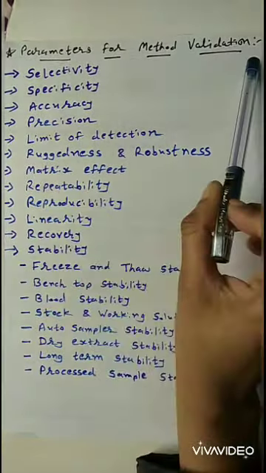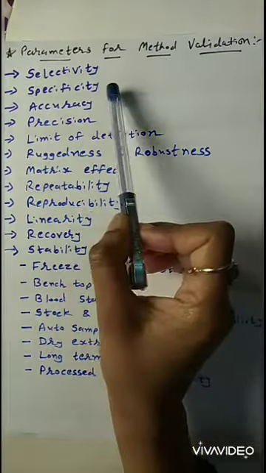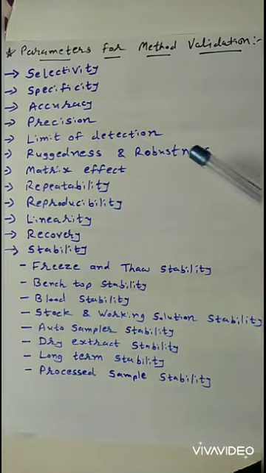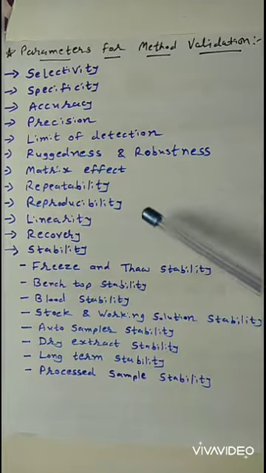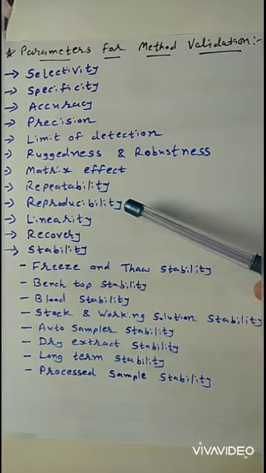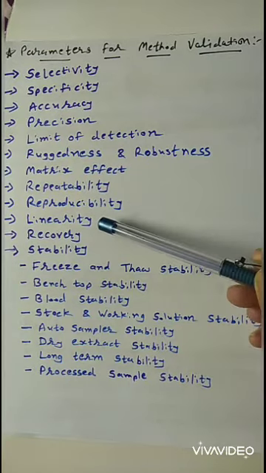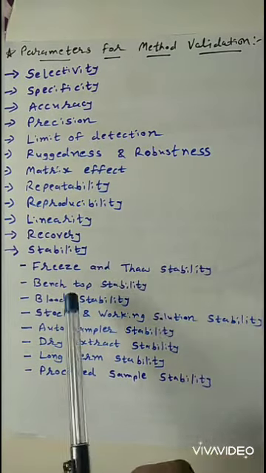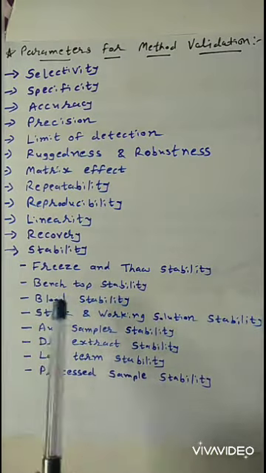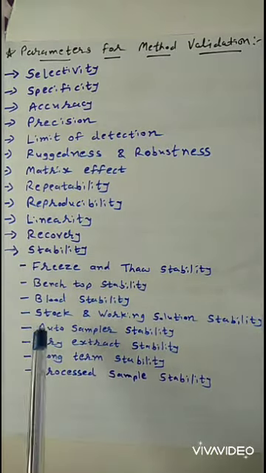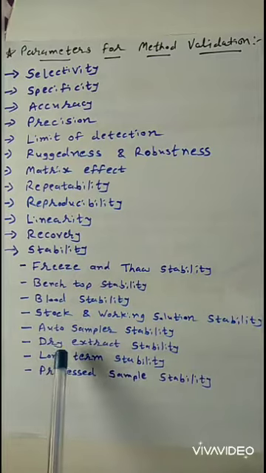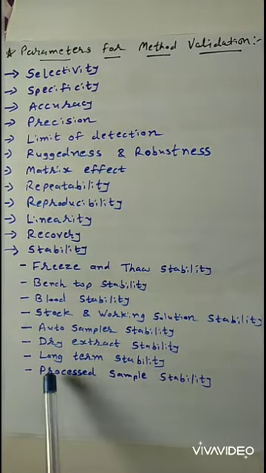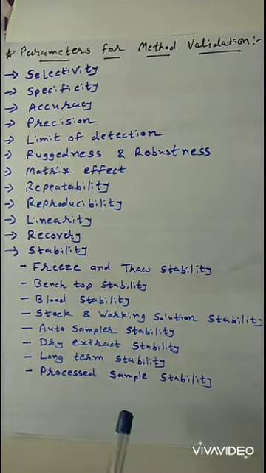Parameters for method validation are selectivity, specificity, accuracy, precision, limit of detection, ruggedness and robustness, matrix effect, repeatability, reproducibility, linearity, recovery, and stability, like freeze and thaw stability, benchtop stability, bulk stability, stock and working solution stability, autosampler stability, dry extract sample stability, long term stability and process sample stability.